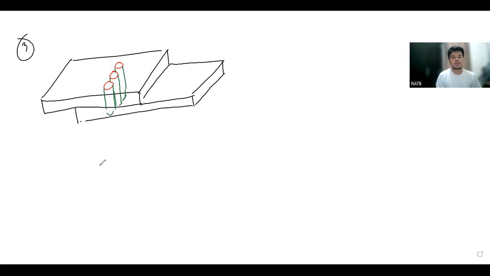If you try to look at the force given, it is 50 kilonewton.